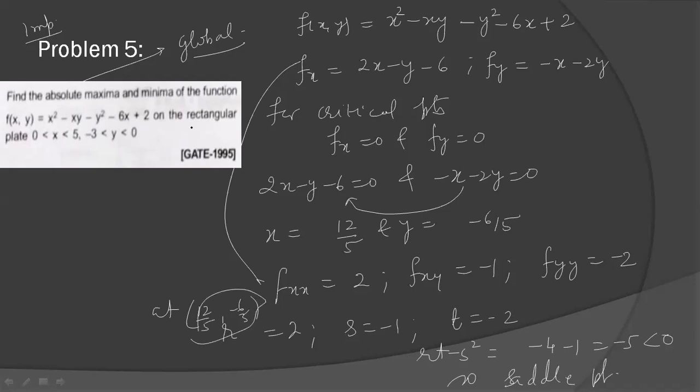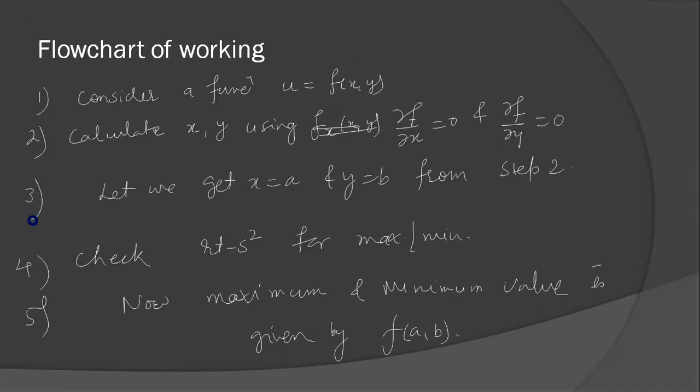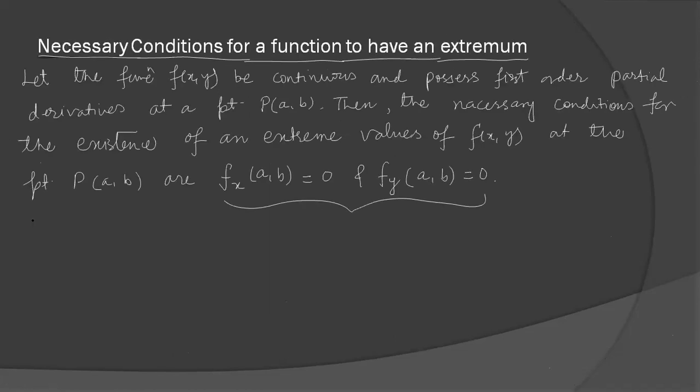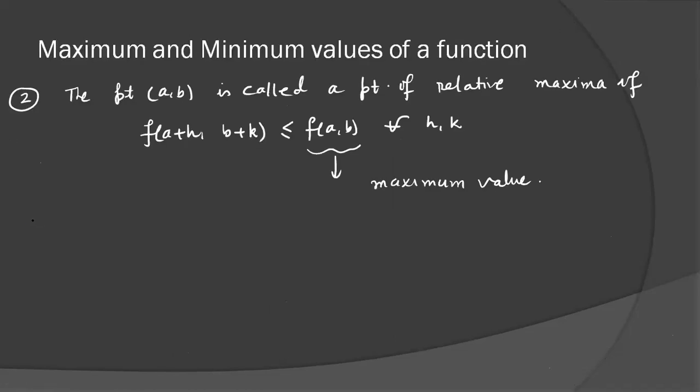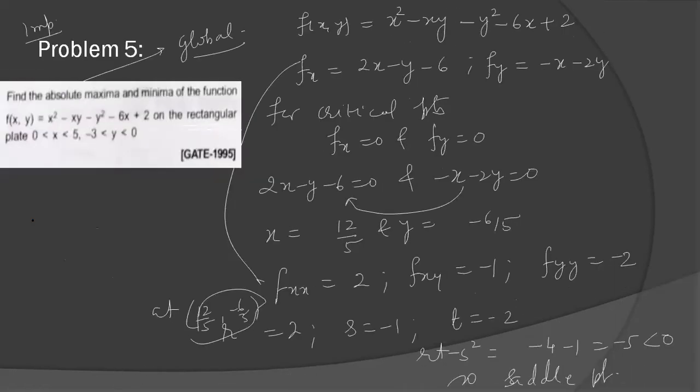But you are in a rectangular plane. That is a closed and bounded plane. I told you one remark. What was that remark? Remember, this is a very important remark. Maximum and minimum can be attained at the boundary point also.